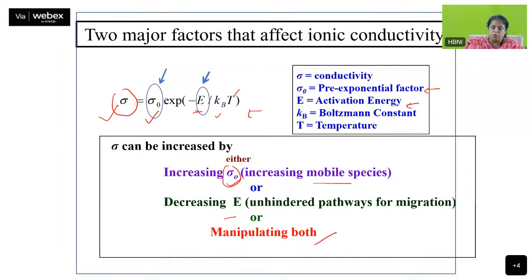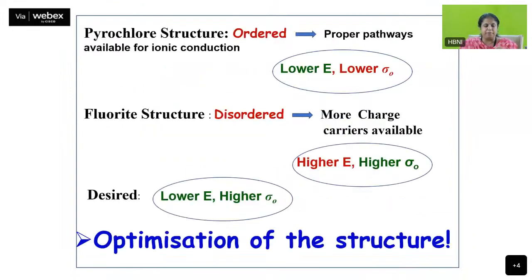Okay. So, by increasing the pre-exponential factor, we mean that we need to increase the mobile species. And when we talk of decreasing E, or the activation energy, that means we are providing an unhindered pathway to our charge carriers for migration.